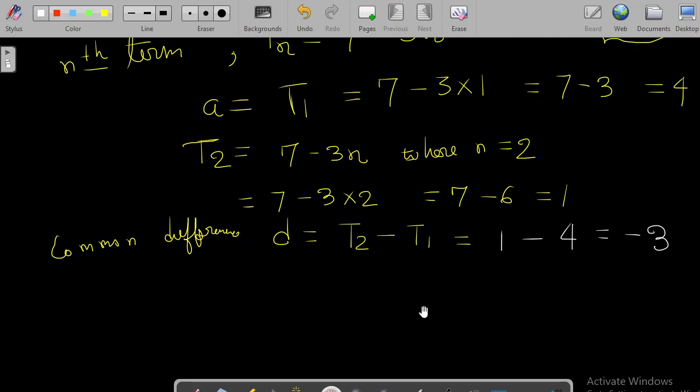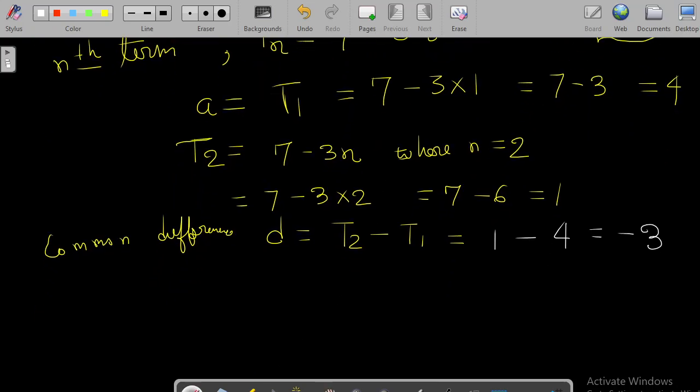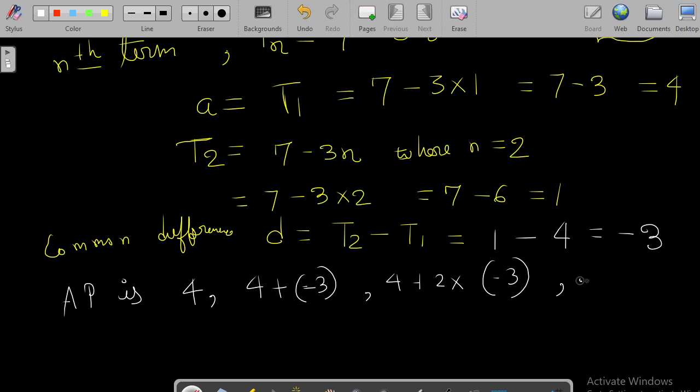Now you know the two things. The first term was 4, and the common difference was minus 3. So the AP is, no, it will be 4 as the first term. Then the second term will be 4 added to D, that is minus 3 in this case, and then 4 plus 2 into minus 3, and so on.